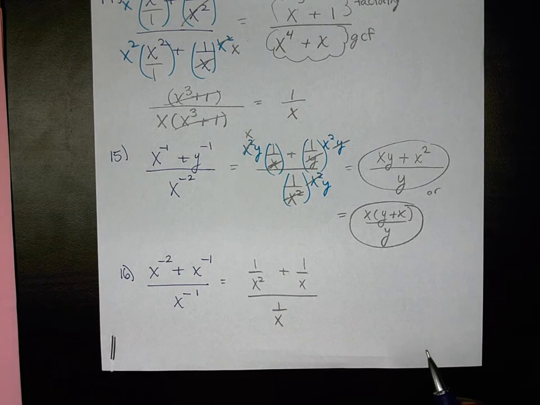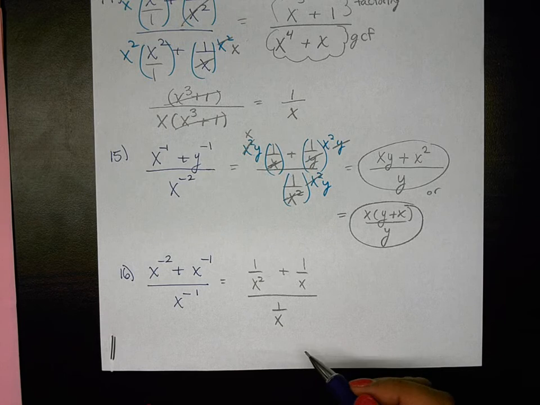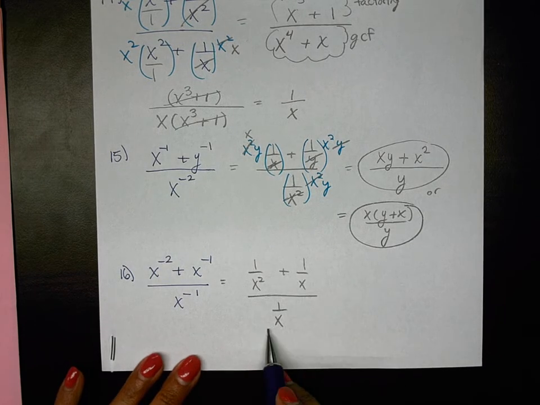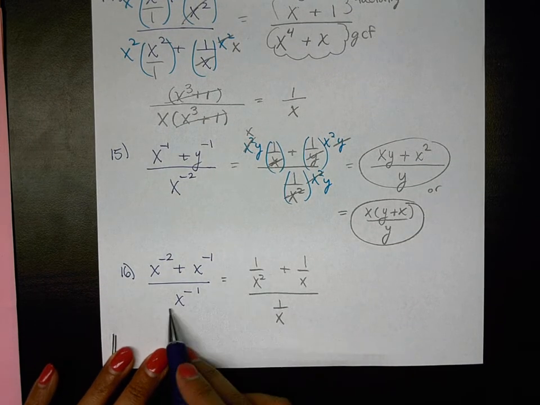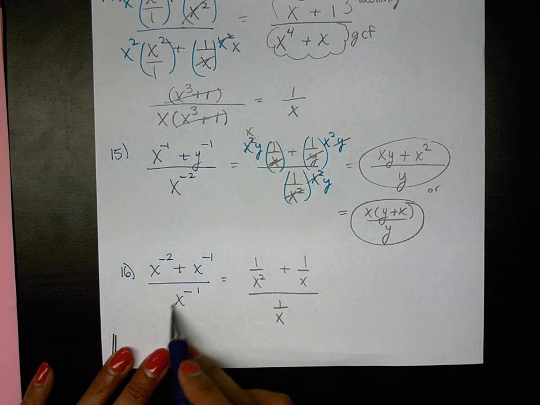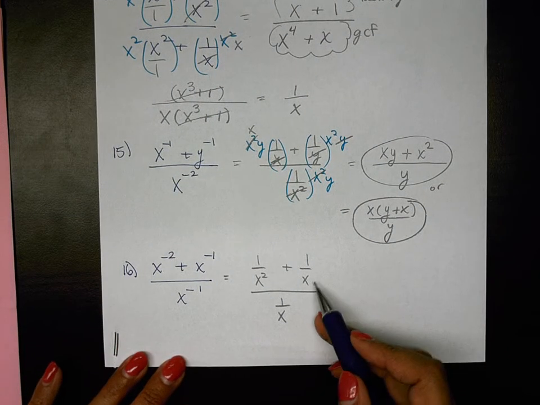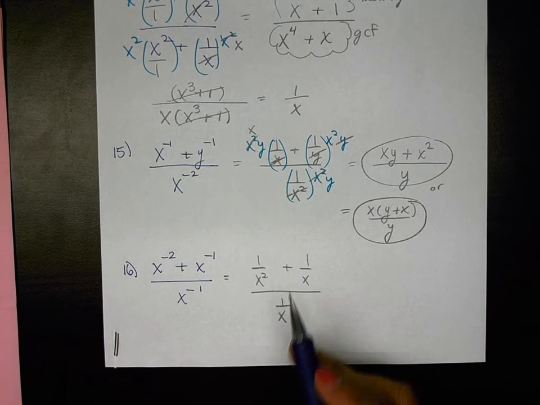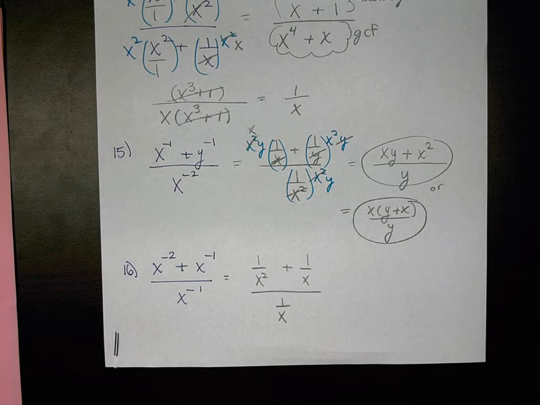Just a reminder that because this is a plus sign, you cannot reduce there or there. You might say, oh, I could just reduce because they're both x to the negative 1s, or they're both 1 over x's. Cannot, because of the addition sign. So I'm going to go ahead and multiply everything by x squared to clear.